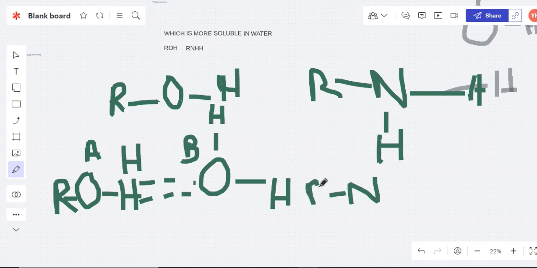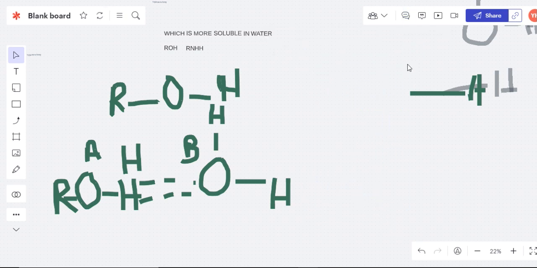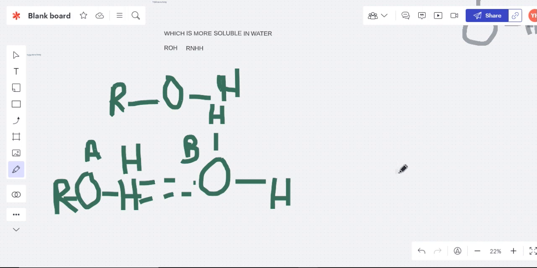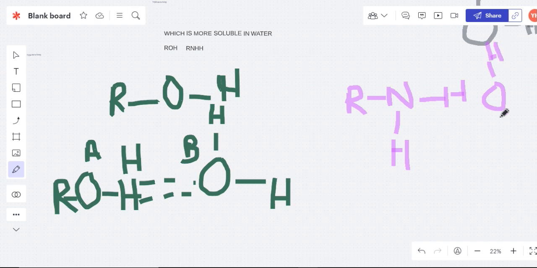RNH. So let's erase it for making it properly. R, N, H, and again H, and this is H, O, H. So this is a bond between nitrogen, hydrogen and oxygen.